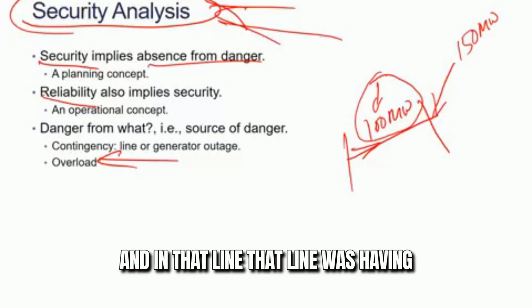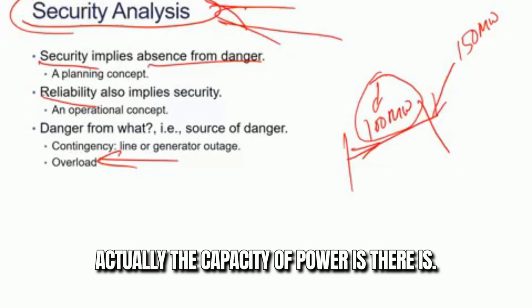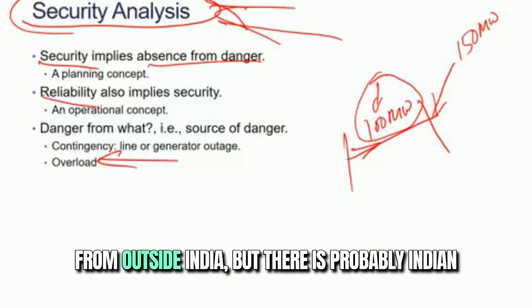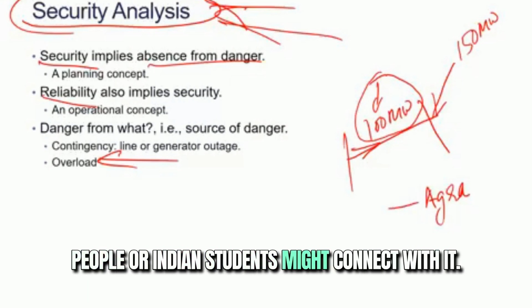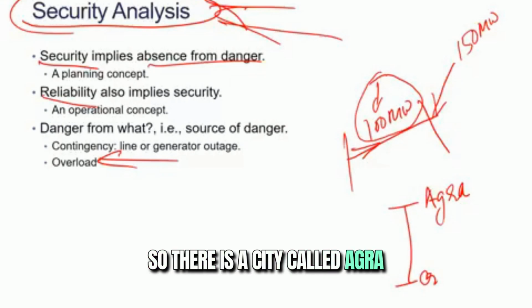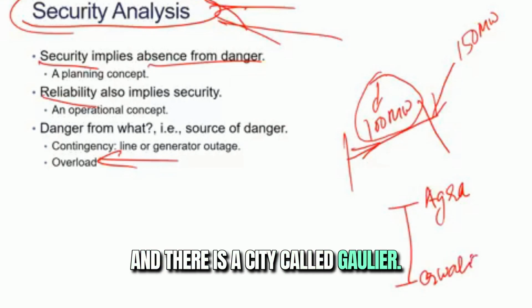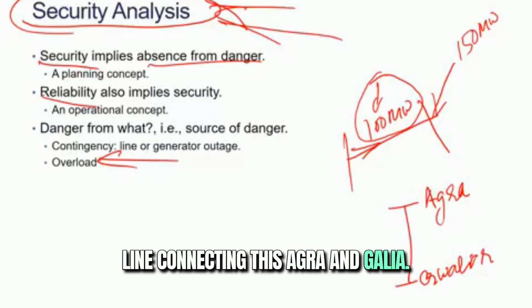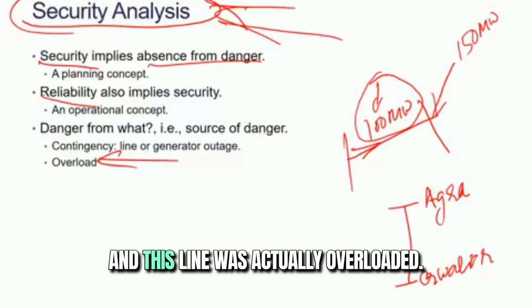Most of you are from outside India, but Indian students might connect with it. There is a city called Agra and a city called Gwalior. There is a big transmission line connecting Agra and Gwalior, and this line was actually overloaded.